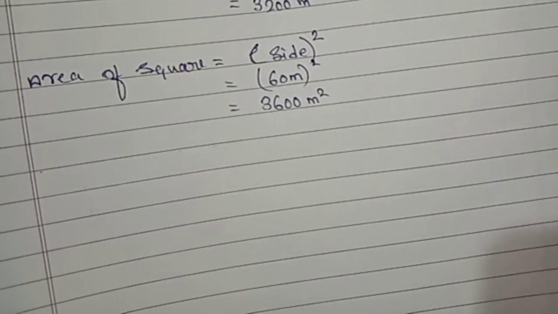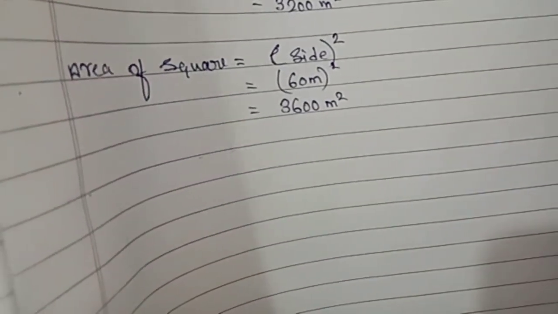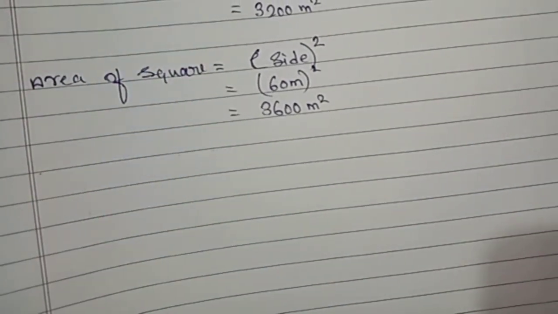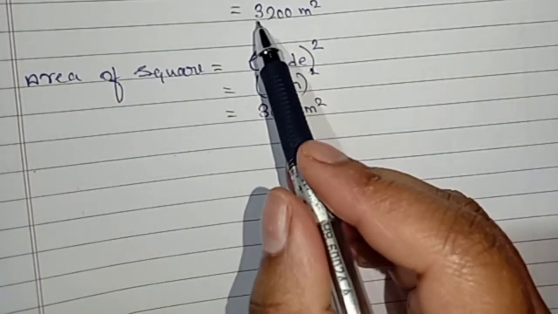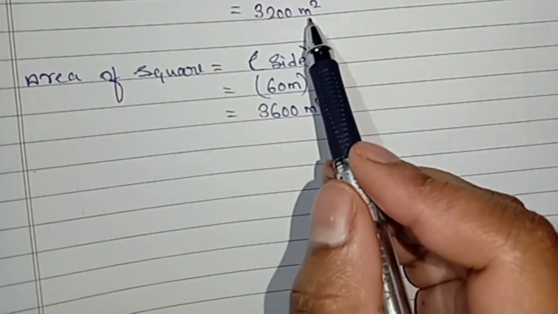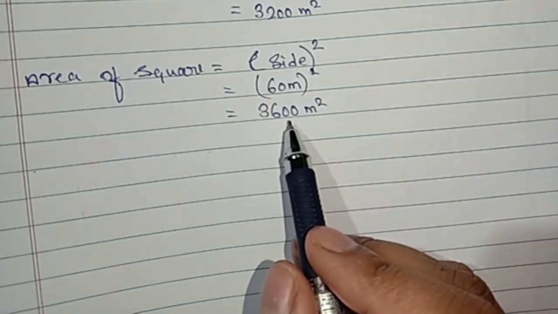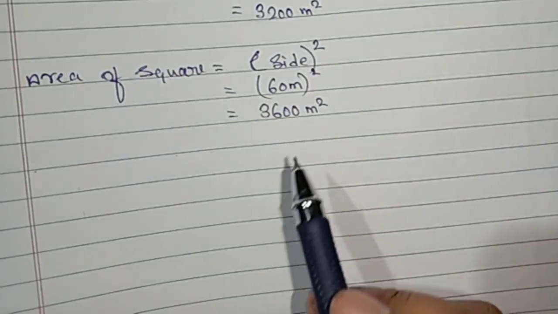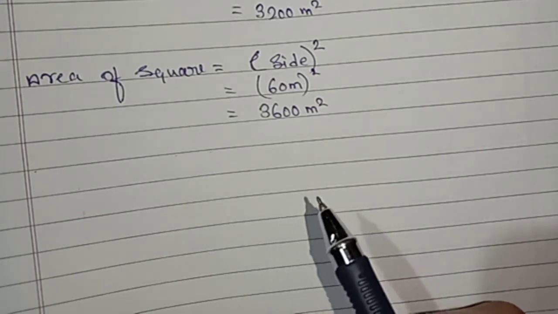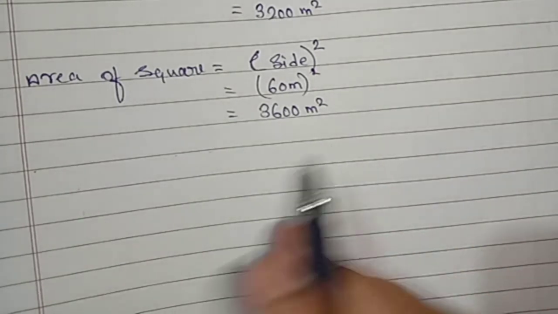Now we have to find which has the larger area. If we compare, the rectangle has 3200 meter square and the square has 3600 meter square. So it means the square field is greater than the rectangle, right?